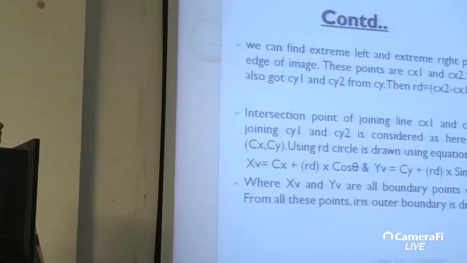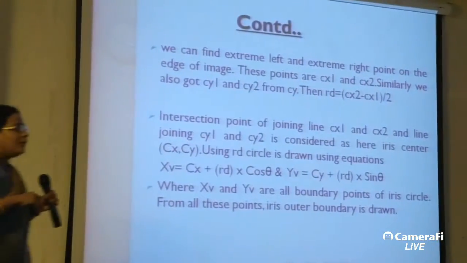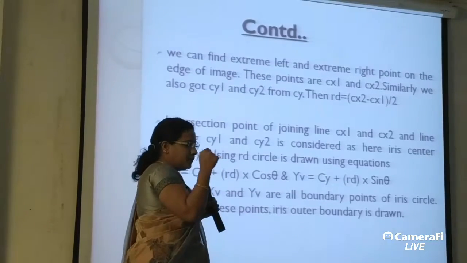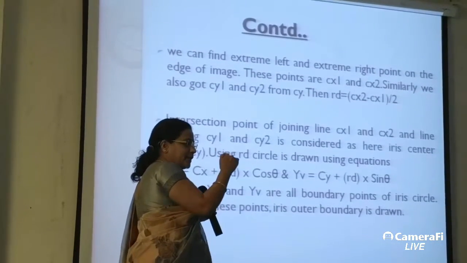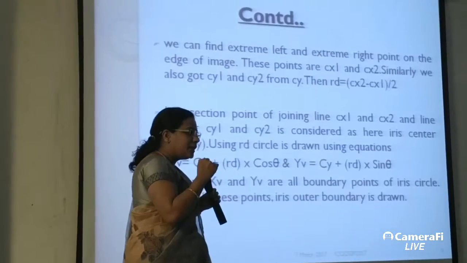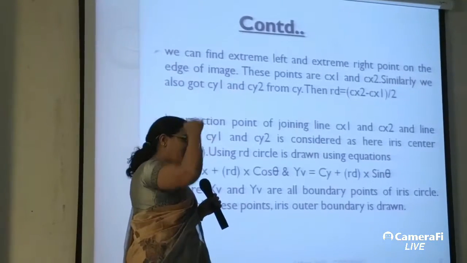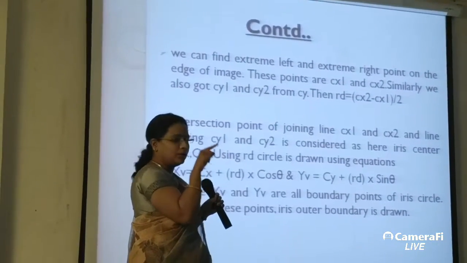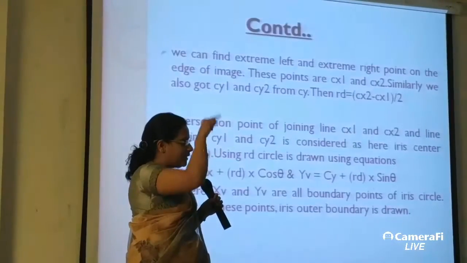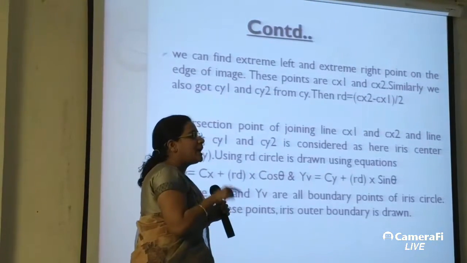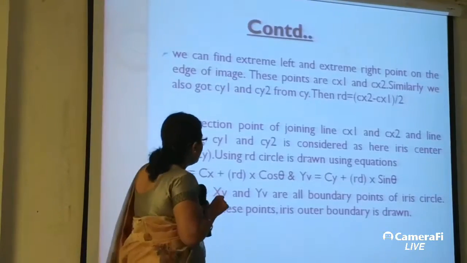After that, once we have CX and CY, by using CX you can find the extreme left and extreme right points, and these are CX1 and CX2. Similarly, from CY you can find CY1 and CY2. The intersection of the lines joining CX1 and CX2 as well as CY1 and CY2 gives one point, and that will be considered as the iris center in the statistical method.